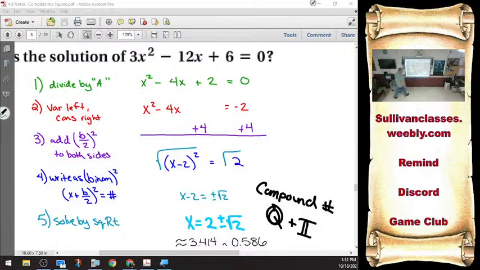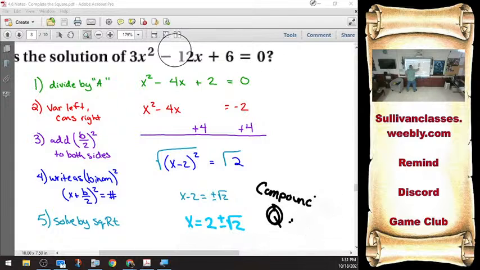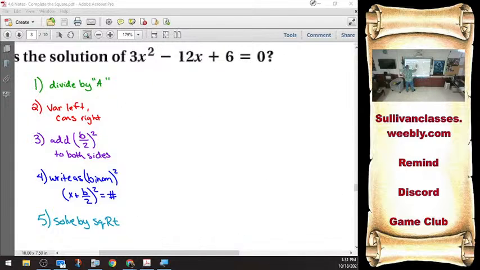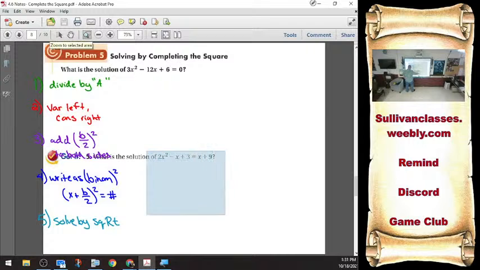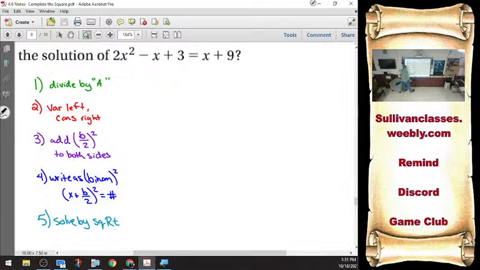I'm going to do it again. I'm not just going to set you loose. I'm going to do it again, but now I'm going to leave the steps there. Remember when I said that these two are interchangeable? I probably don't want to go dividing by a if the whole thing's mixed up like this, right?